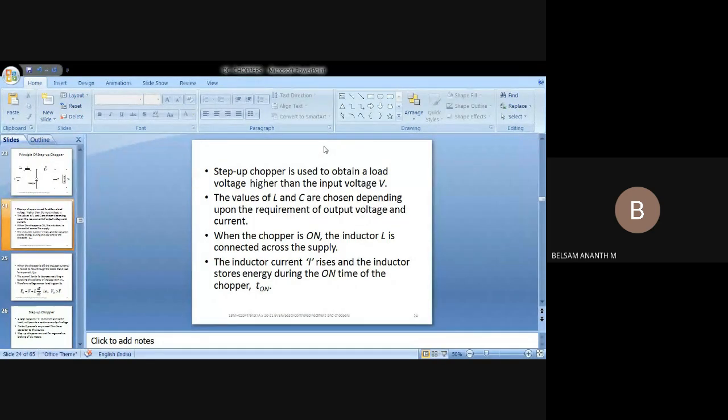Please remember, the values of L and C, inductance and capacitance, are chosen depending on the requirement, depending on the need, depending on the driving rating. Every output will have a rating, right?